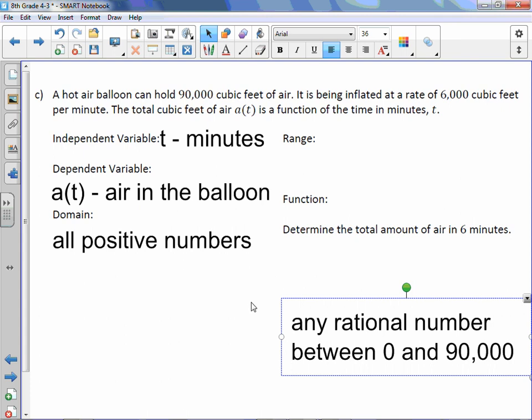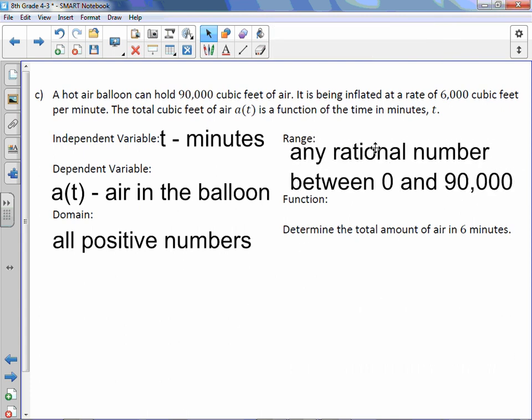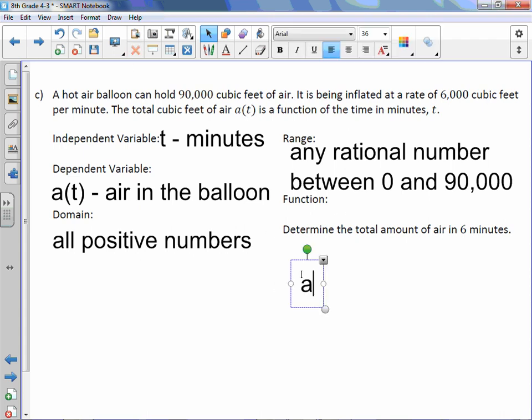And the reason it can't be bigger than 90,000 is because the balloon can only hold 90,000. So once we've reached 90,000, that's it. Our function, A of t, equals 6,000t.